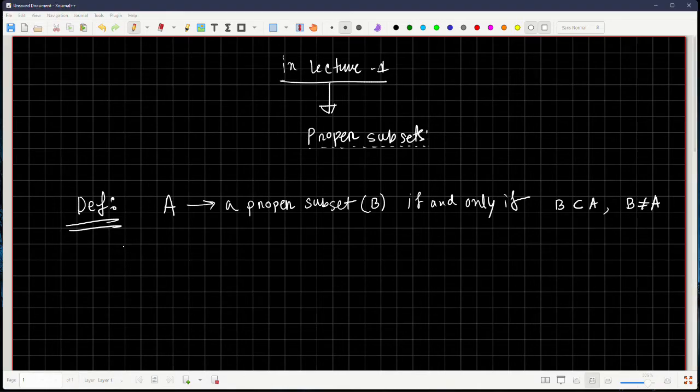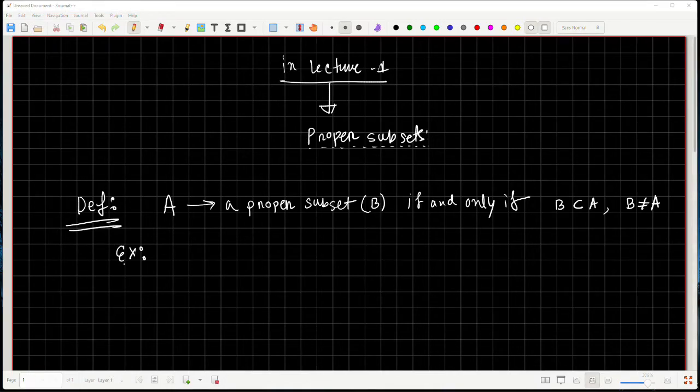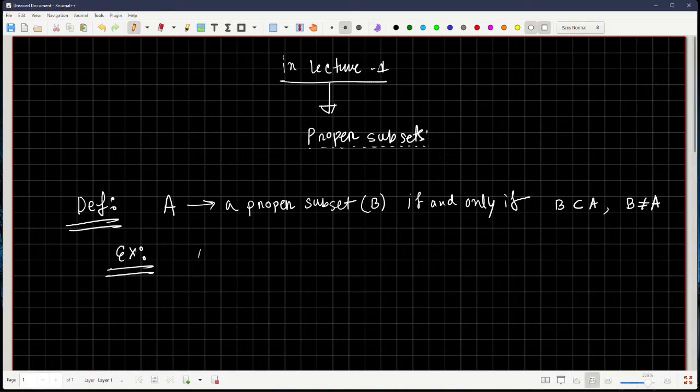This is what we mean by a proper subset. If you want to take an example, let's say A equals {A, B, C, D, E}. Let's have a set B that is {A, B, C}.